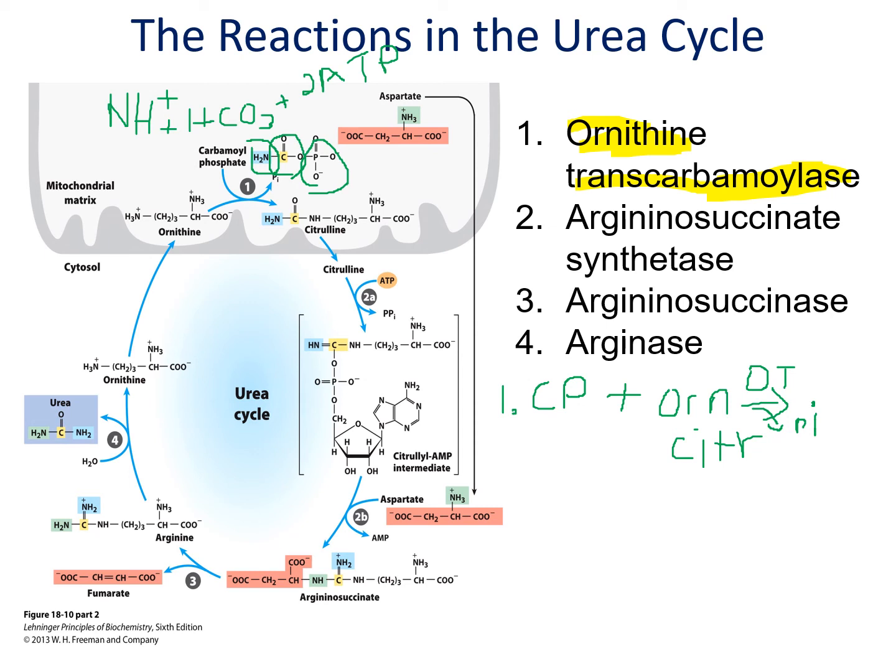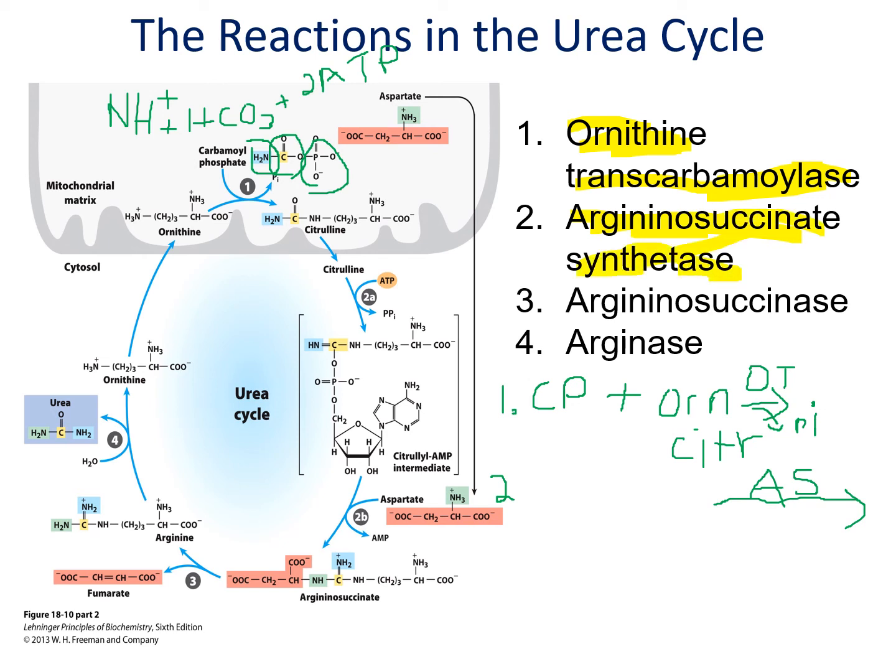The next step, step 2, I'm going to start with the enzyme first here. The enzyme is called arginosuccinate synthetase, and it does what it suggests it does. It's going to synthesize an arginosuccinate.